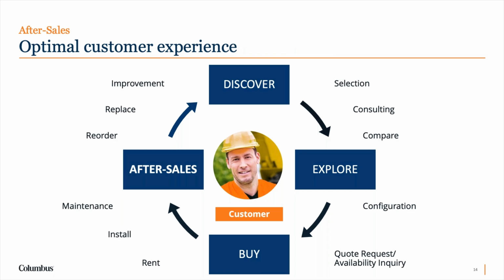So in the purchasing process, the customer wants to be advised optimally and individually. So what is important for his situation, his machine. And in this stage, manufacturers are making a lot of effort to guide the customers.